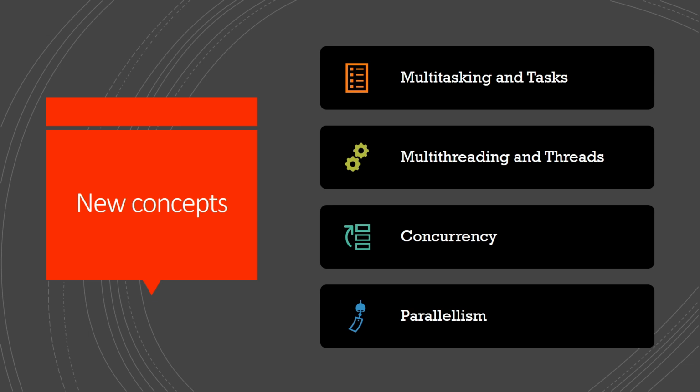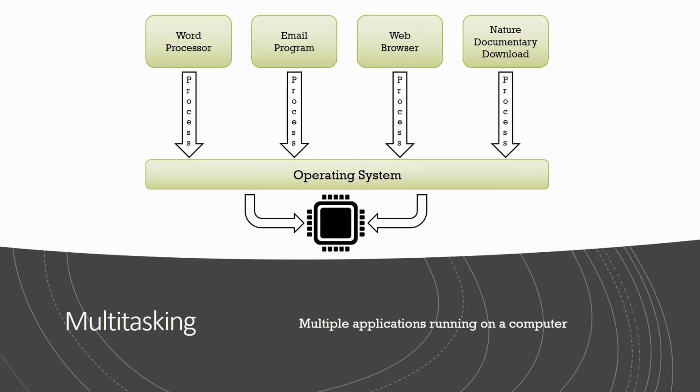Okay. Now, multitasking or multiprocessing should be something you are already familiar with. Multitasking is when you have multiple programs open on your desktop at the same time, as you can see here. And just like on your desktop, on a server, multiple applications can be run at the same time.